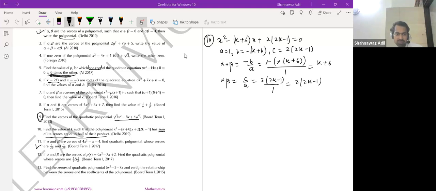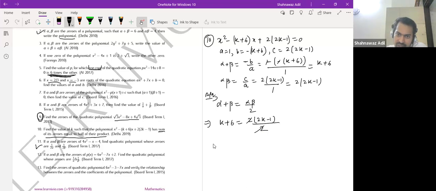Alpha plus beta is equal to half alpha beta. Yeah. So this is given, we just plug in the values. So good, done. So k plus 6 equals 2k minus 1 divided by 2.